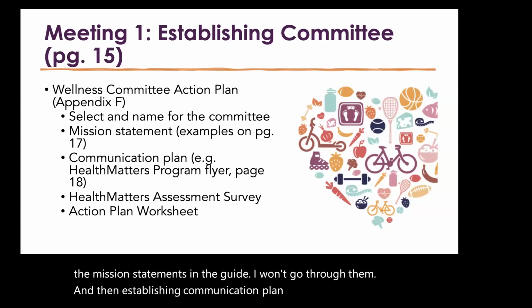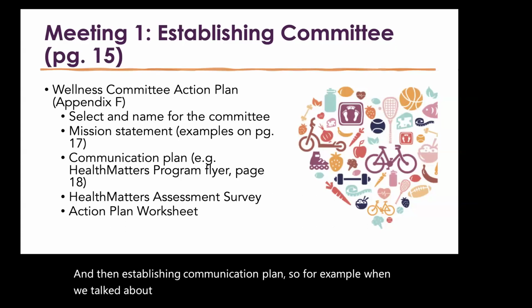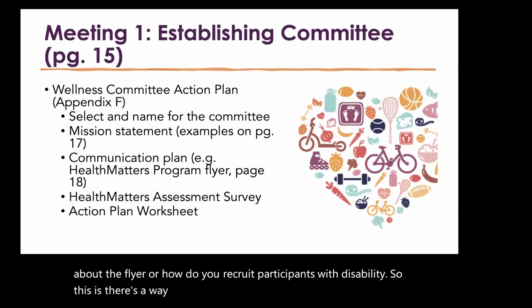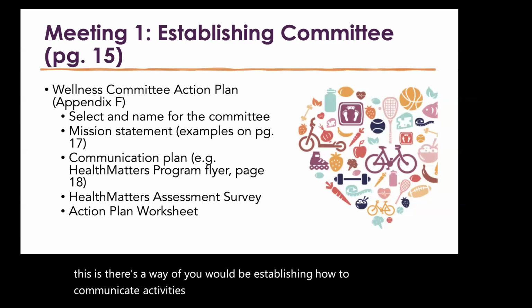So for example, when we talked about the 12-week Health Matters program, we talked about the flyer, or how you recruit participants with disability. So you would be establishing how to communicate the activities of a wellness committee to a larger audience.